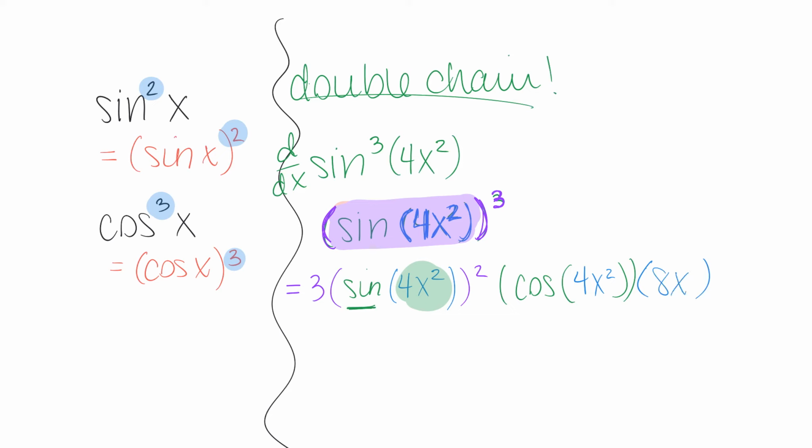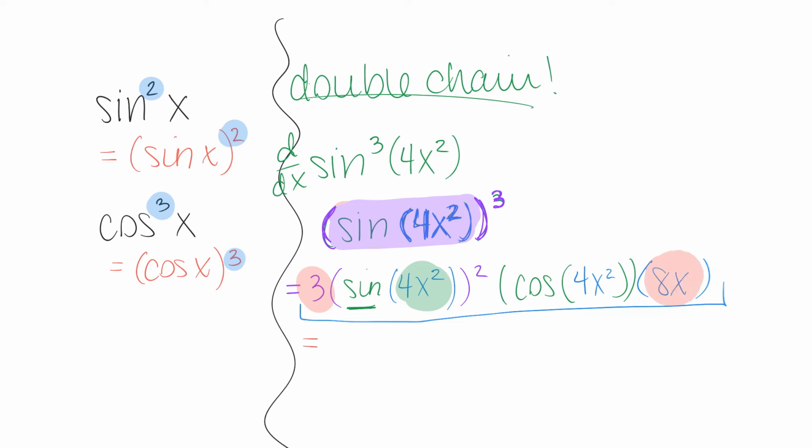So this beast is the derivative. Now, this is a hot mess. We need to clean this up. We're going to look for everything that's just being multiplied and doesn't have an exponent, which I think is my 3 and my 8x.